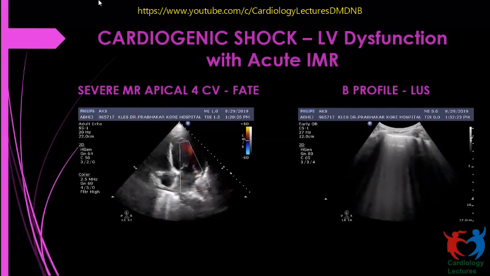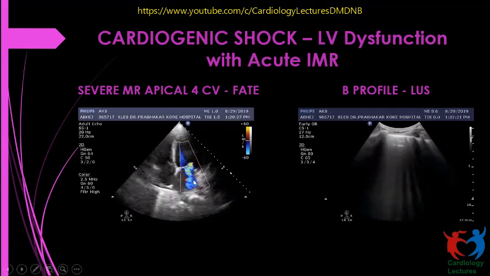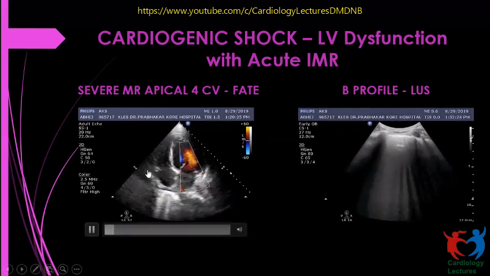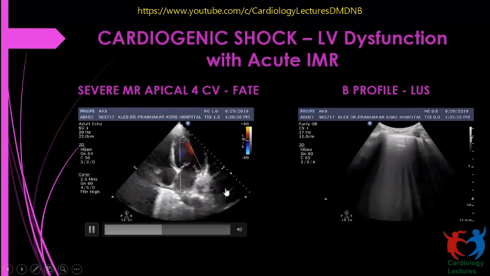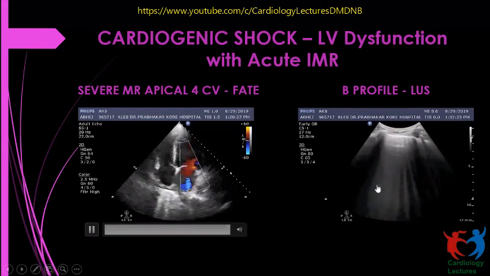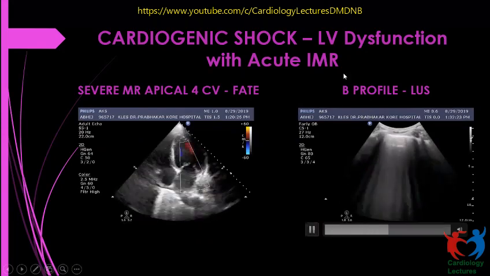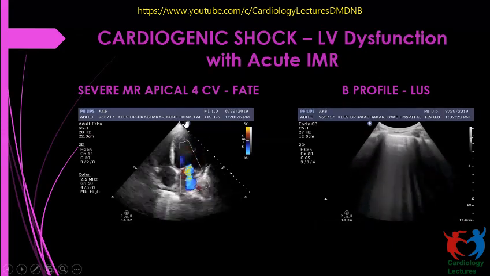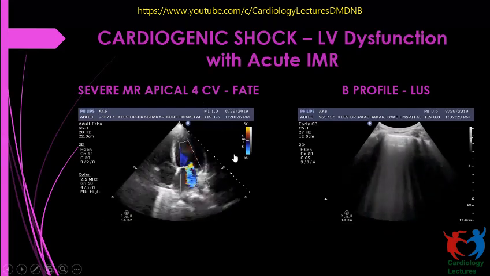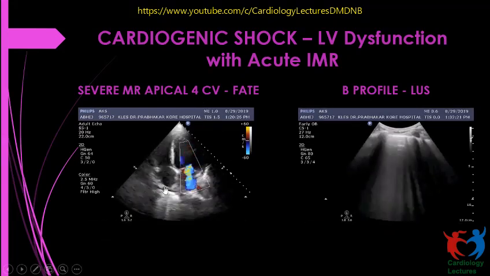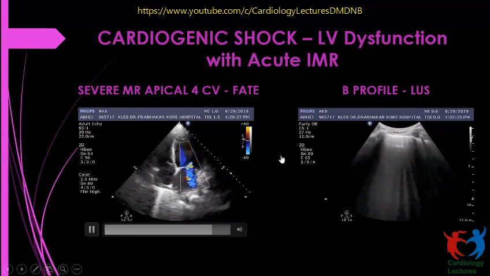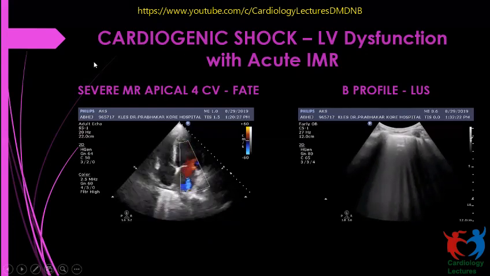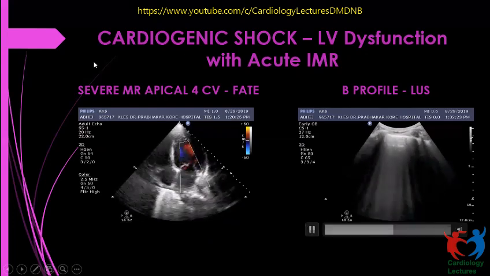And in the FALLS protocol, you have an apical 4-chamber view here of the FATE protocol, and you have the sliding lung sign, the B lines of the lung ultrasound. So the combination of the lung ultrasound B lines or B profile and the LV dysfunction with valvular regurgitation in a FATE protocol, these two combine together to diagnose it as a cardiogenic shock.